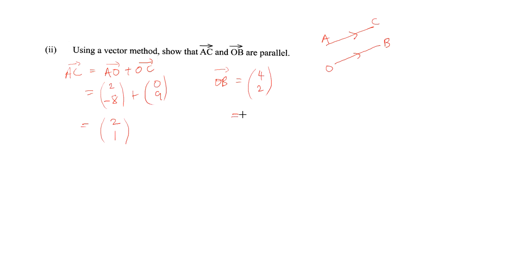So we can write OB as 2 multiplied by 2, 1, which is the same as saying 2 multiplied by AC, because AC is the vector 2, 1. So therefore OB is equal to 2 times AC, and therefore they are parallel.